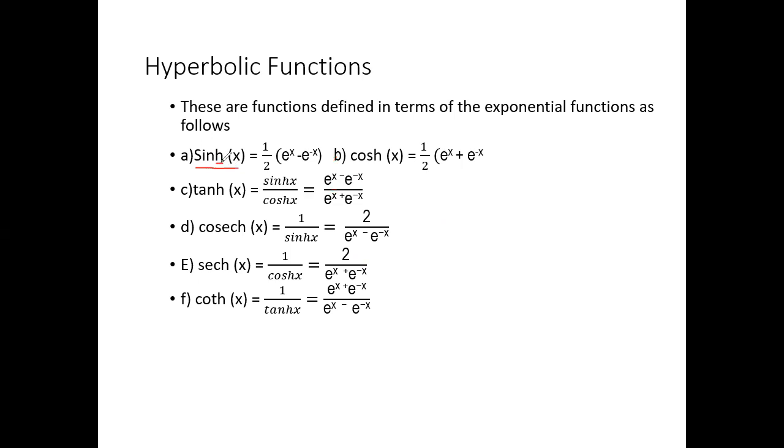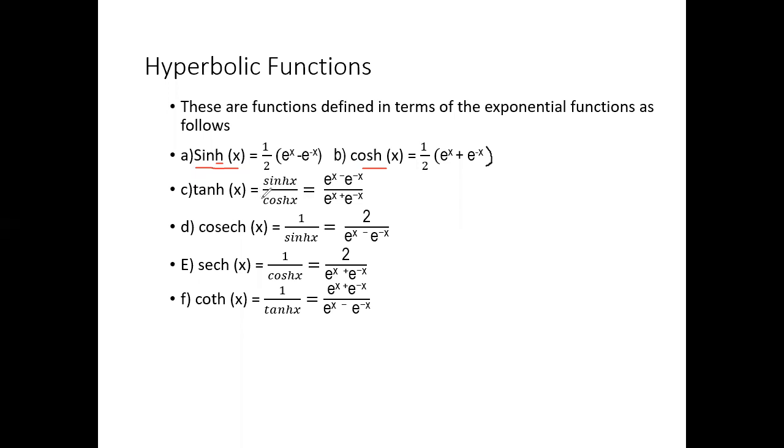So sinh x is defined as half of e raised to the power x minus e raised to the power -x. And then cosh x is defined as half times e raised to the power x plus e raised to the power -x. And the rest follows.